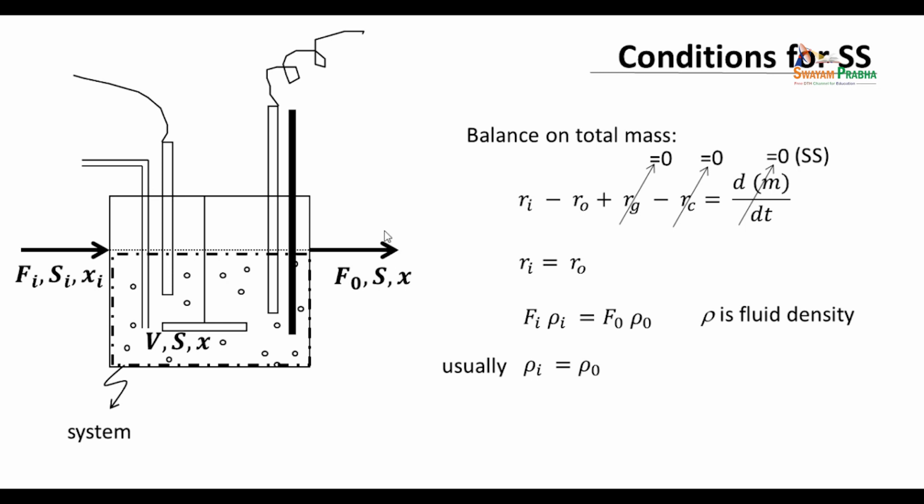We are operating at room temperature, at standard conditions, maybe 30 degrees, 37 degrees C, 1 atmosphere pressure. It's not easy to get a difference in densities between these two streams under those conditions and given the contents of the system. Therefore, rho I and rho O can be cancelled out. Fi needs to be equal to Fo, and let us say that is F. Okay. So through a mass balance, we got that the flow rates need to be equal.